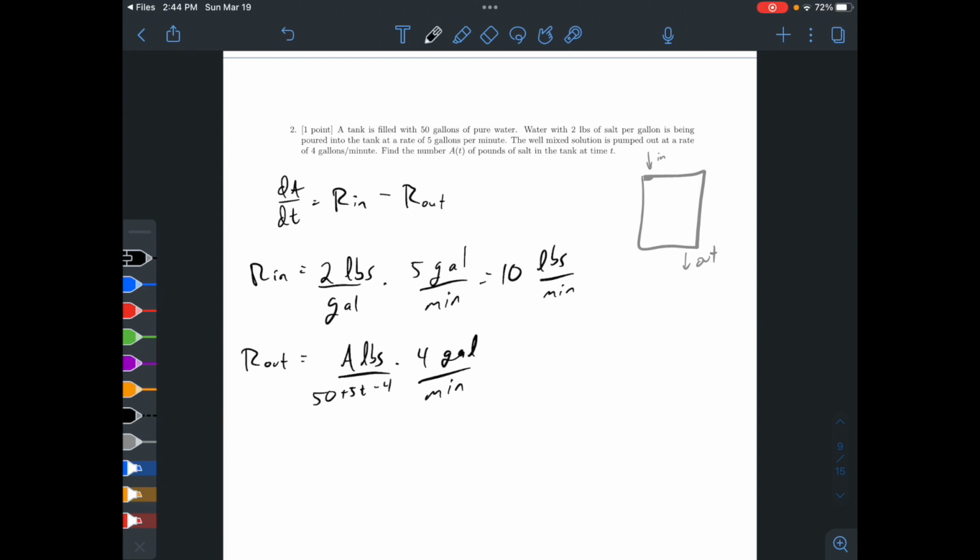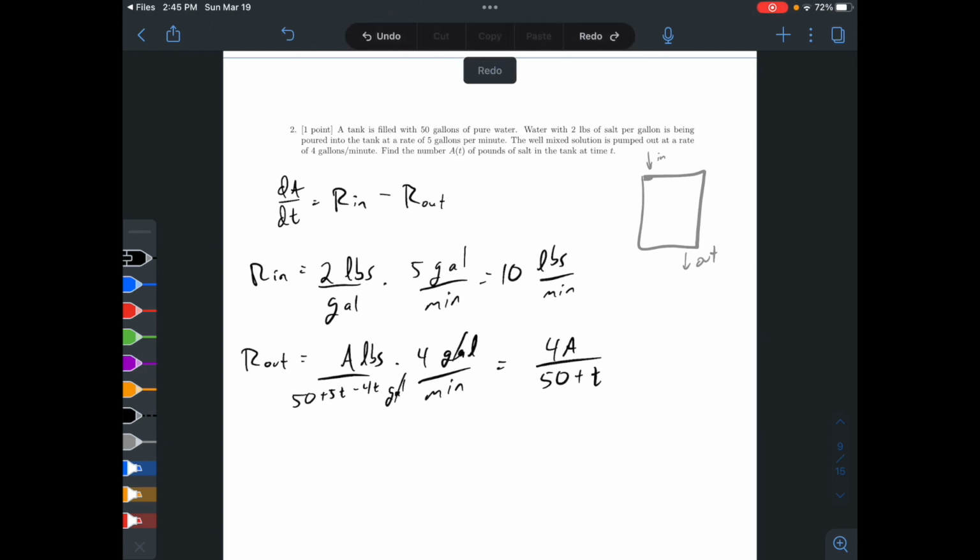So it goes up by 5t and down by 4t for a total of just 1t. And this is in gallons, right? So our gallons can cancel, and we get 4A over 50 plus t. That should be pounds per minute.